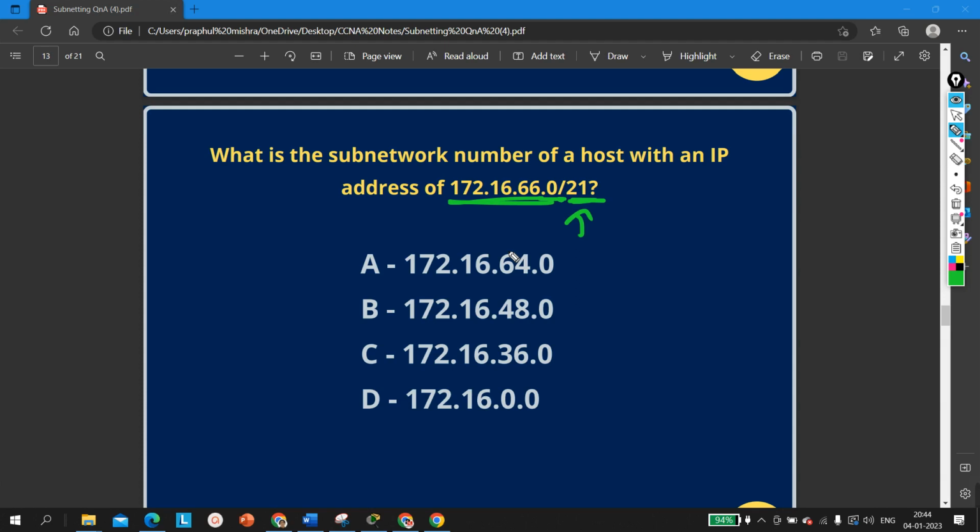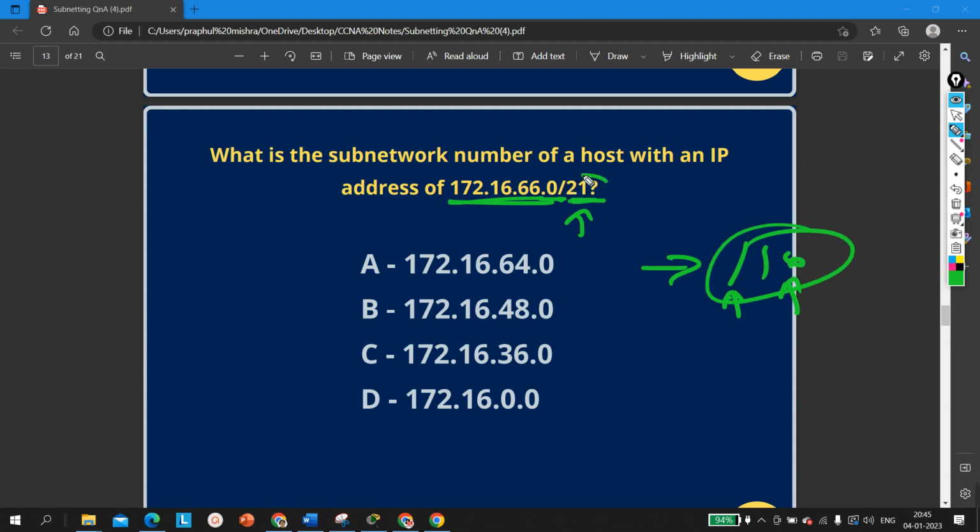This is telling you that there are 16 network bits, right? So slash notation can also tell you like this. This one means slash 16. That means there are 16 network bits.